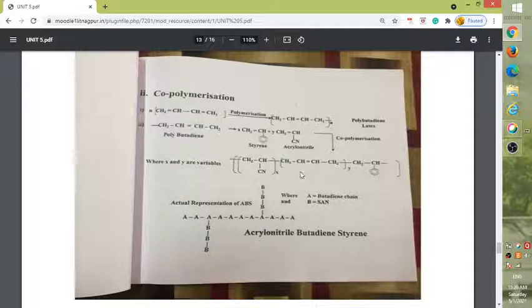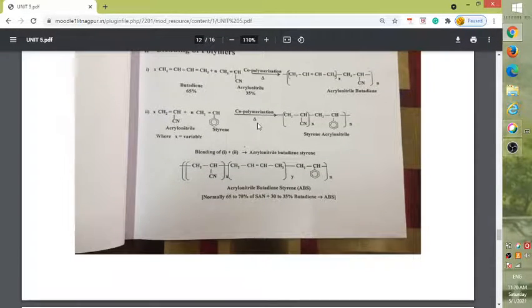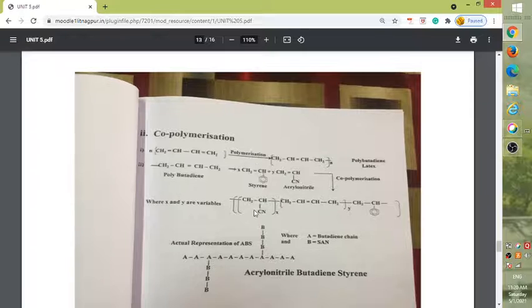ABS, acrylonitrile butadiene styrene, where A represents the butadiene chain and B represents SAN. So the actual representation is like this: this is the SAN molecule, this is the butadiene chain, this is again the SAN molecule. So first it was formed by blending, then it was formed by copolymerization.